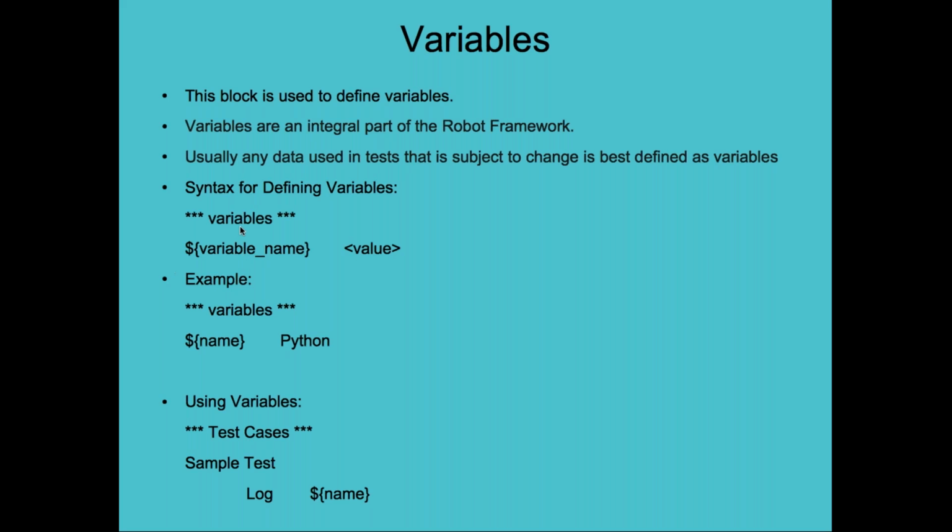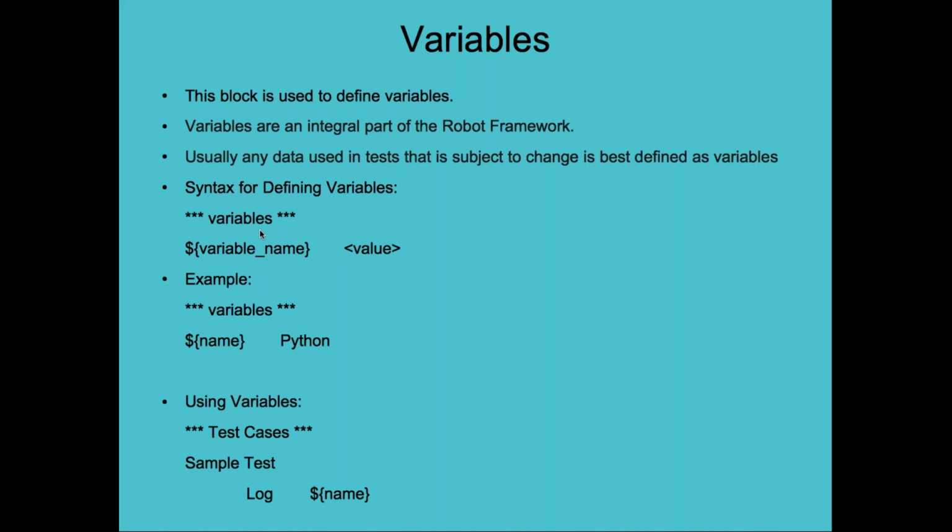So you can define variables in Robot Framework like this. Similarly to settings, it will be triple star Variables triple star. The syntax is dollar, open brace, variable name, close brace, and again three spaces. So this is one keyword, then three spaces, and you give the value.